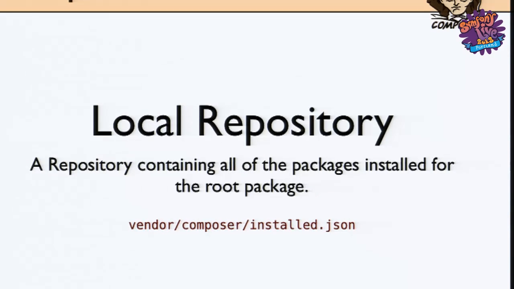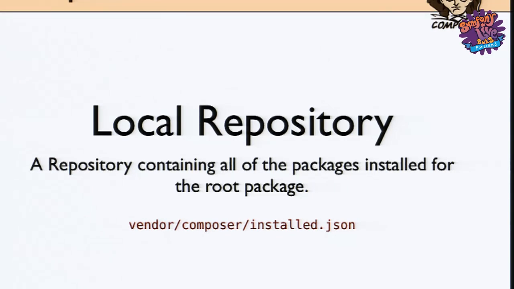The local repository is a repository that contains a list of everything that's installed. So this is created after you do composer install or composer update, and it writes to vendor/composer/installed.json. Who's seen this file? Okay. Is anyone actively working with it, to parse it, play with it in any way? Okay.